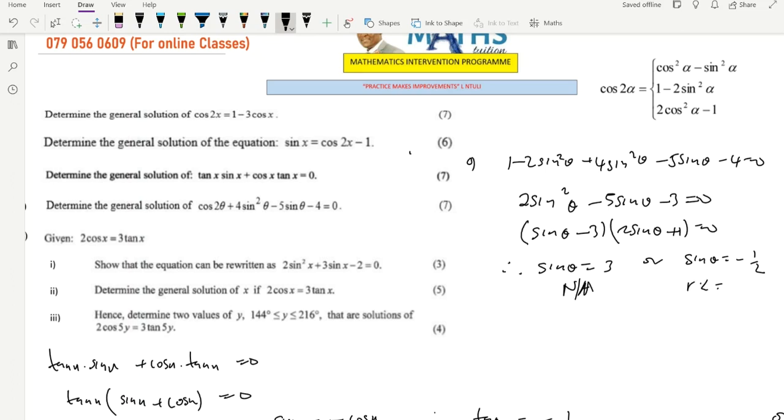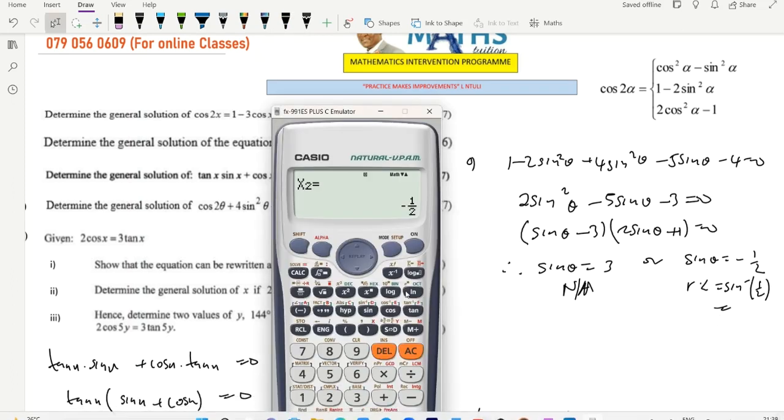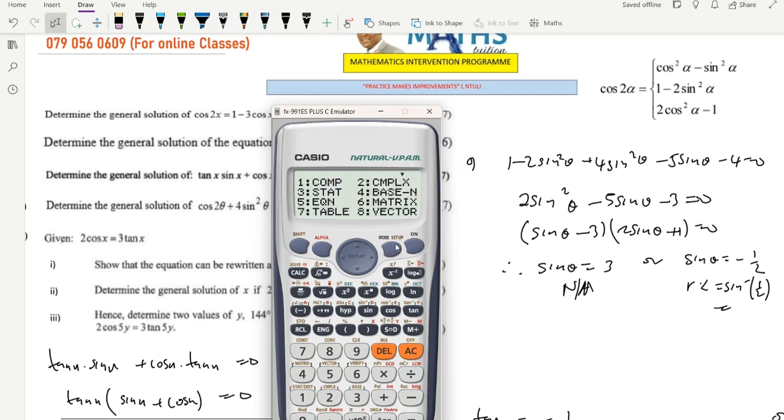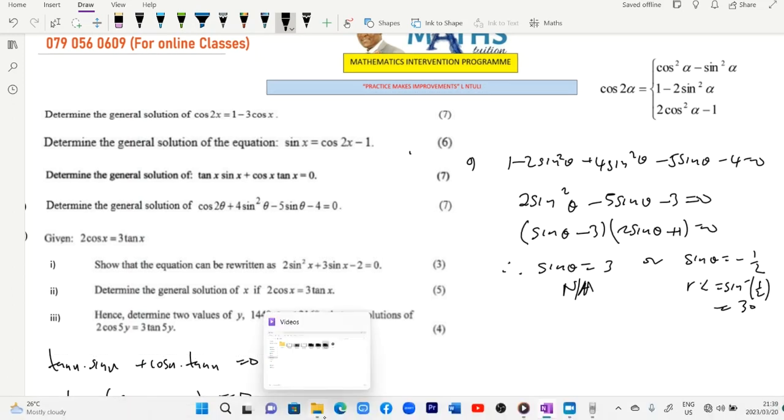Check your reference angle and remember not to put the negative sign on your calculator. Then go back to your calculator, but clear this out. Shift sine half gives 30. It means your reference angle is 30.